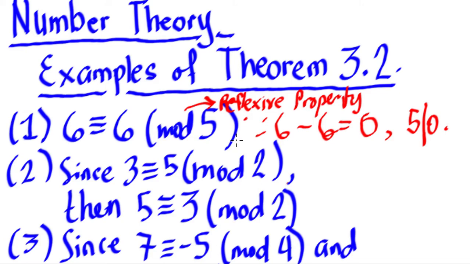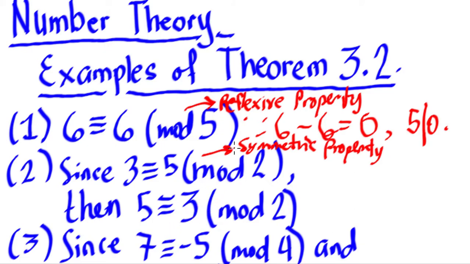For number 2, this is showing us the symmetric property. We say in number 2 that if 3 is congruent to 5 mod 2, then 5 is congruent to 3 mod 2.